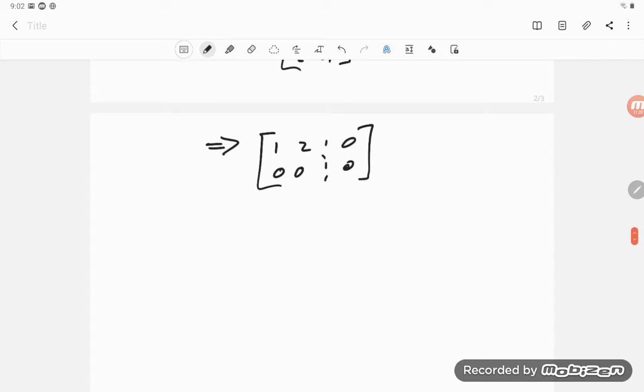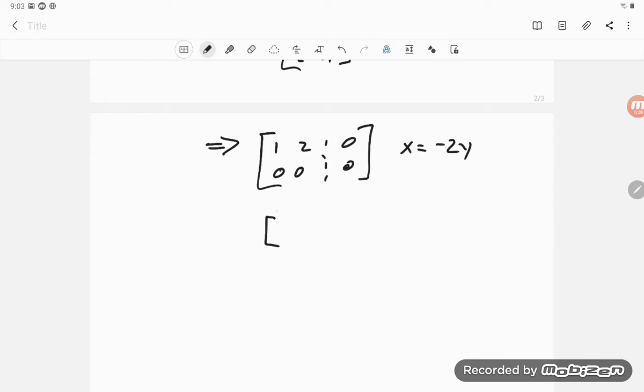and so what I get from this is that x is equal to -2y, and so I could write that as the vector.